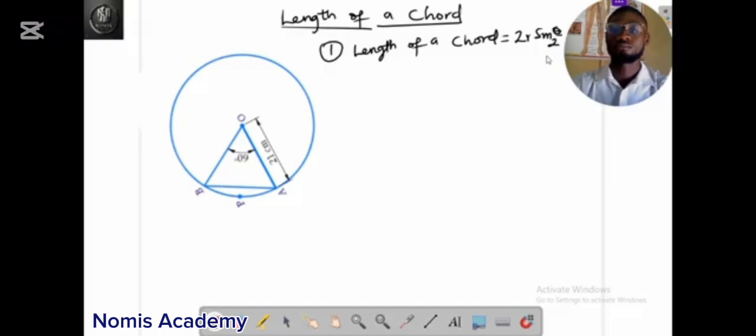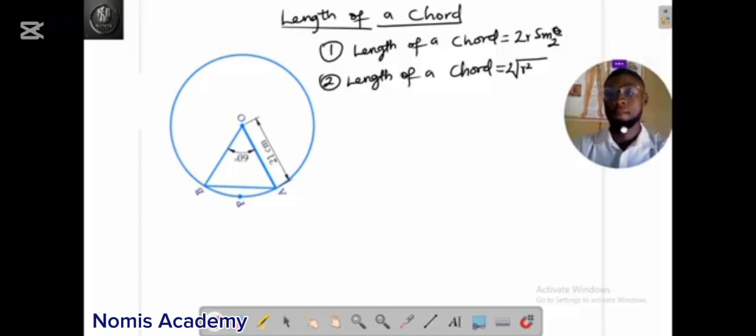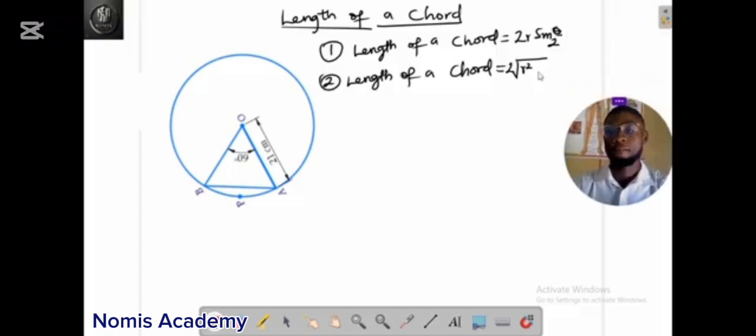And the second one says the length of a chord is equal to 2 root r squared minus d squared. Now let's take them one after the other.